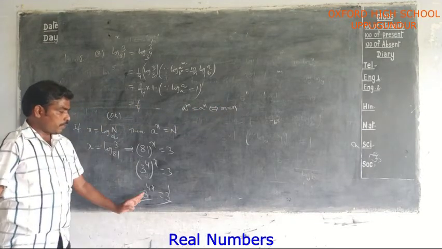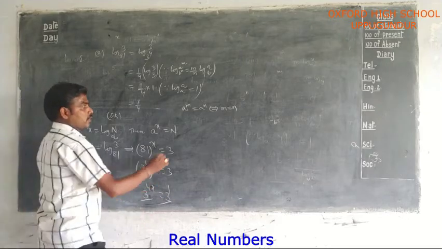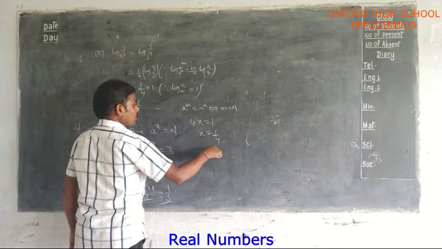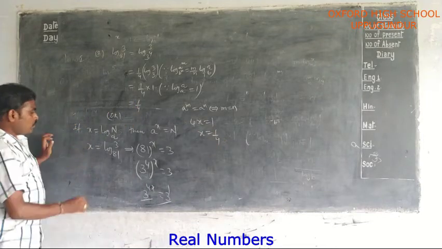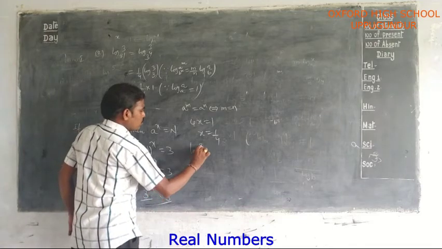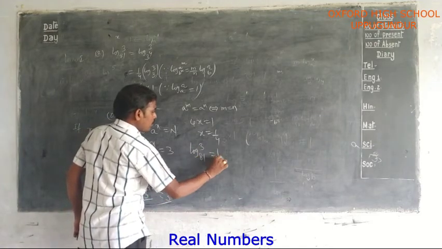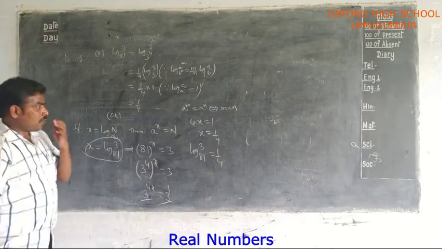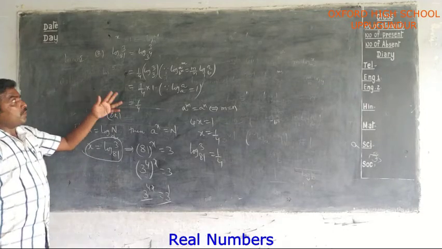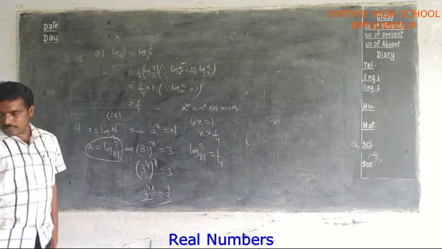Now when equating the powers, 4x equals 1, so x equals 1 by 4. X means what? Which value you are assuming as x? Log 3 base 81. So log 3 base 81 equals 1 by 4. So in this way, in both the methods you can do. Whichever method is convenient for you, in that method you can solve.